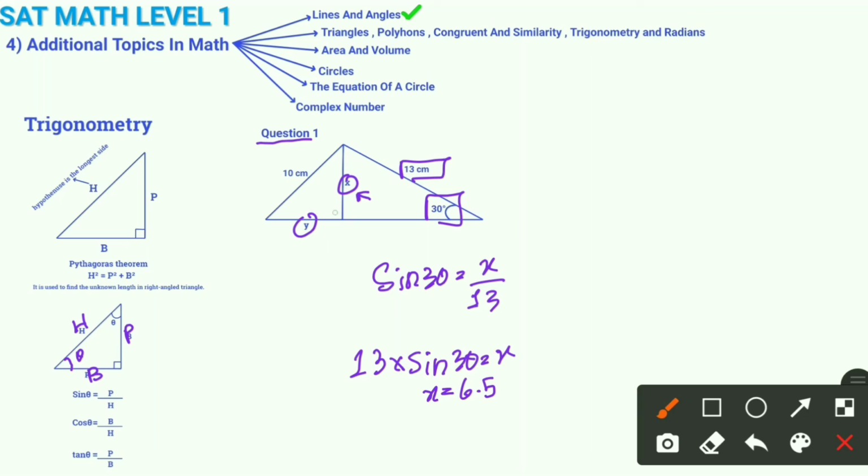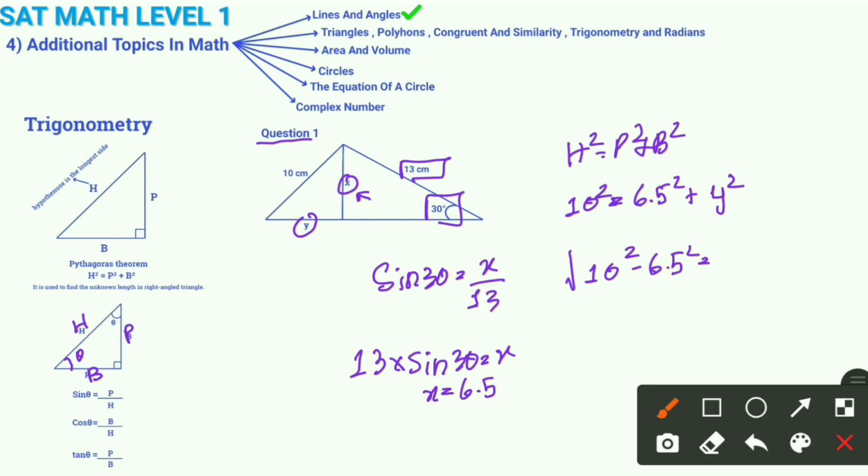Now finding the value of y, we can use the Pythagoras theorem. So h square is p square plus b square. h is 10, p is 6.5, and we need to find the value of b, y. So 10 square minus 6.5 square is equal to y square.